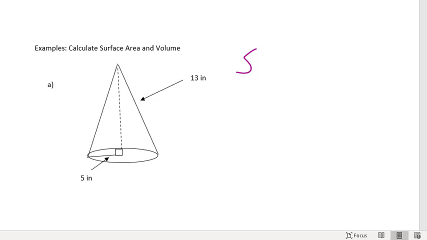Let's start with surface area. Surface area formula for a cone is pi r squared plus pi r L. All right, we know our radius is 5, so we can plug that in.